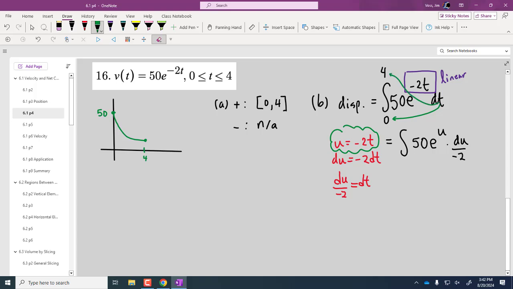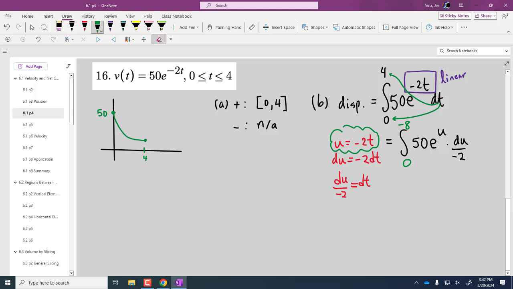Well, this integral down here is with respect to u, so these limits of integration must be u limits of integration. So if we plug t equals 0 in right here, we see that the corresponding u value is 0. If we take the t value of 4 and plug it in right here, we see that the corresponding u value is negative 8.